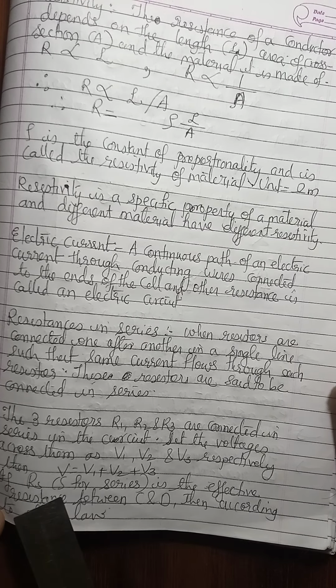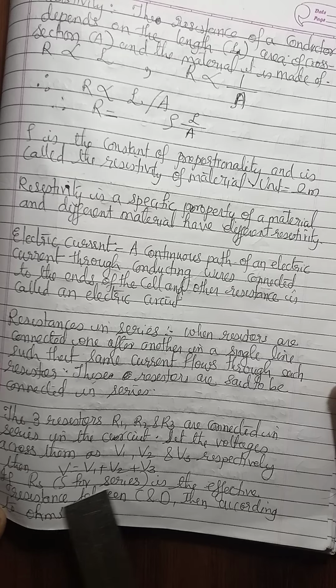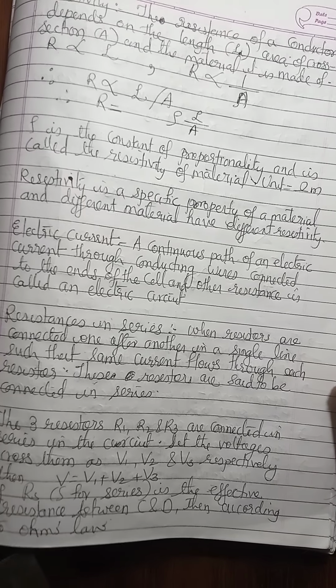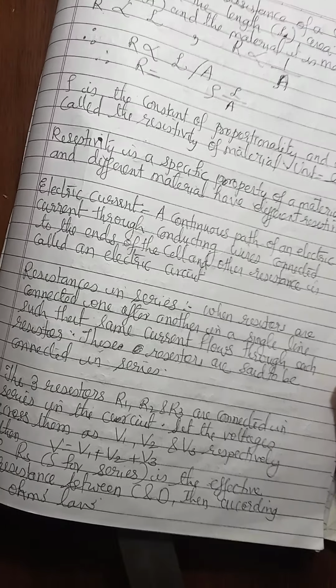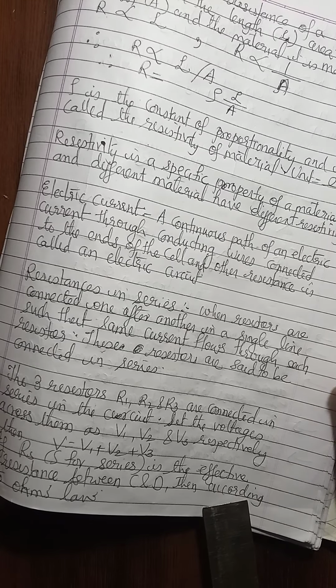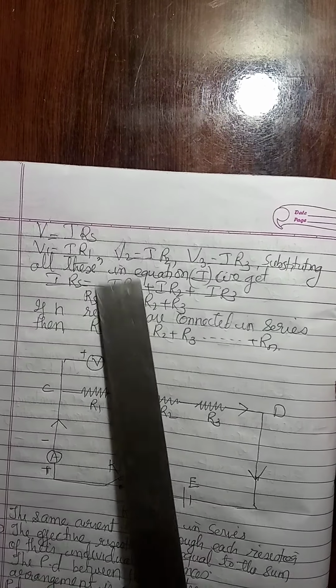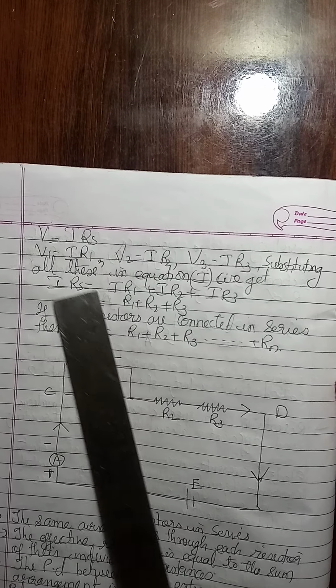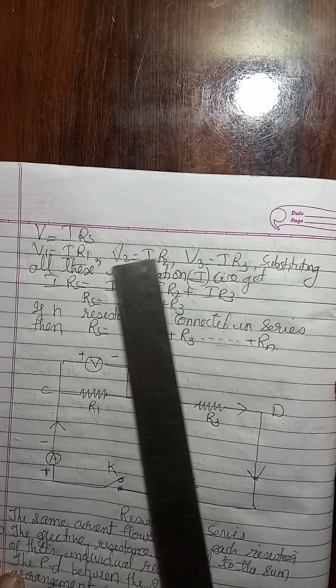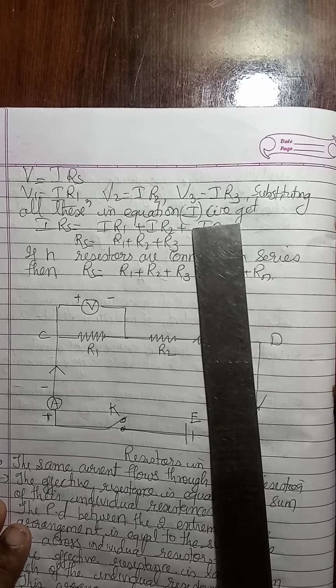Let Rs, for series, be the effective total resistance between C and D. According to Ohm's law, V equals IR. So here Vs equals I Rs, V1 equals IR1, V2 equals IR2, V3 equals IR3.